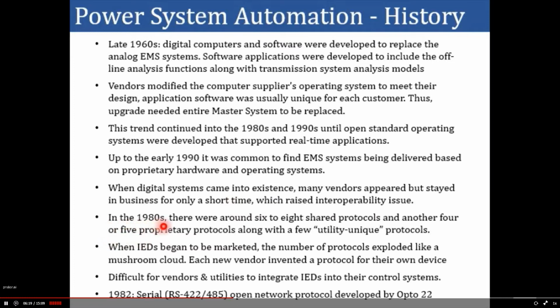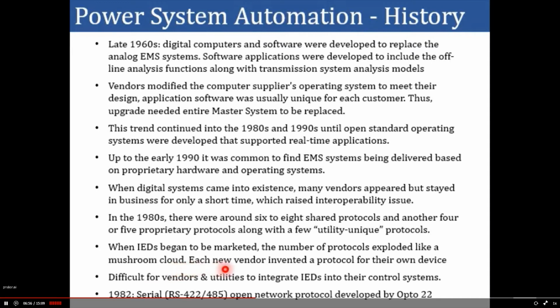Now, in the 1980s, there were around 6 to 8 shared protocols which a lot of vendors used, but there were another 4 to 5 proprietary protocols which were utility specific applications. Now, when intelligent electronic devices began to enter the market, the number of protocols exploded like a mushroom cloud.